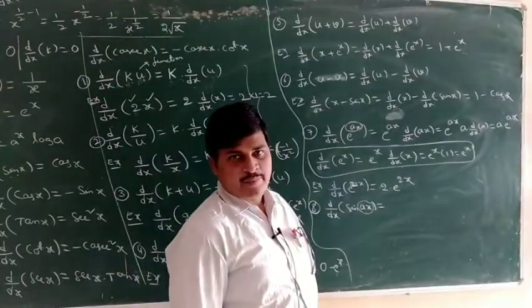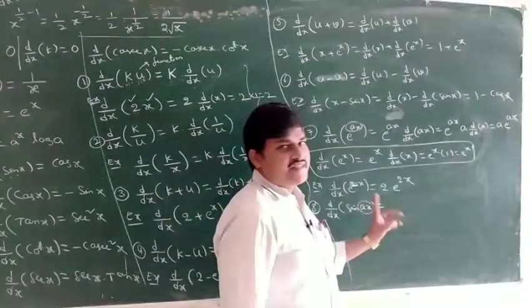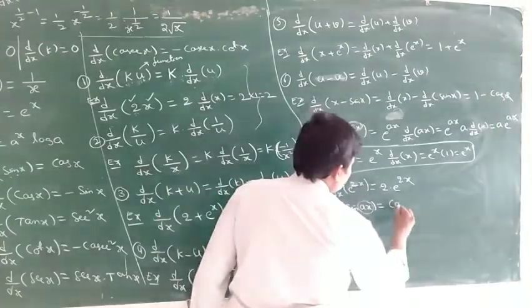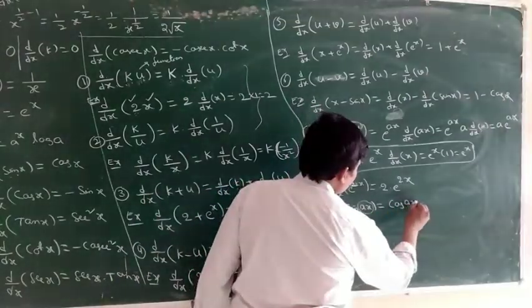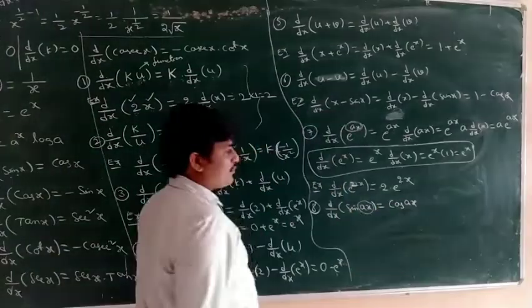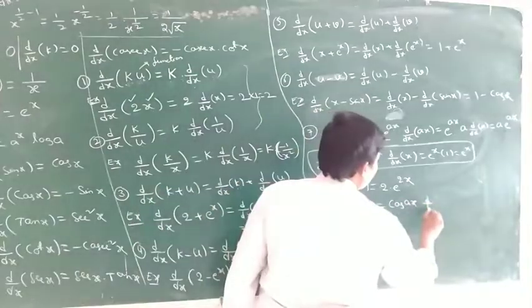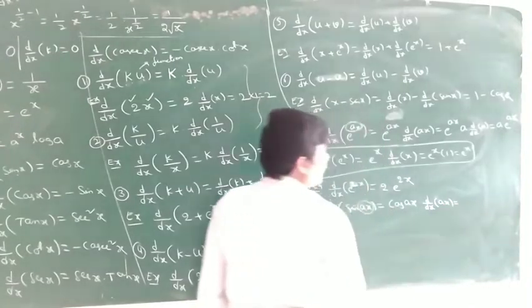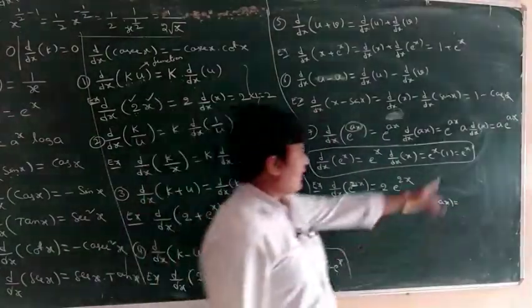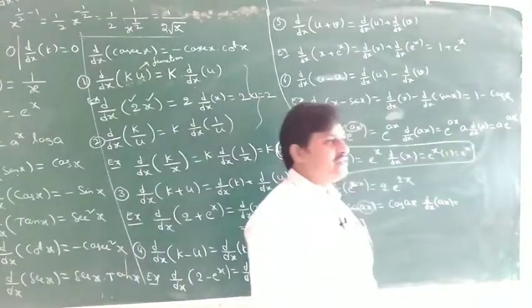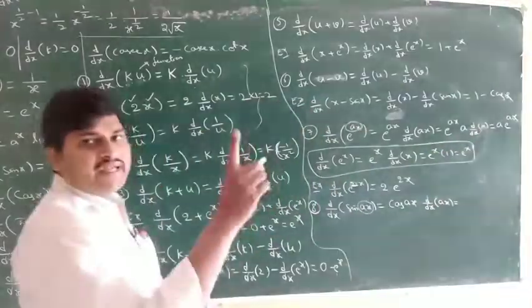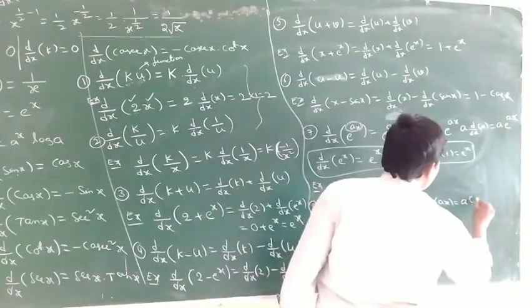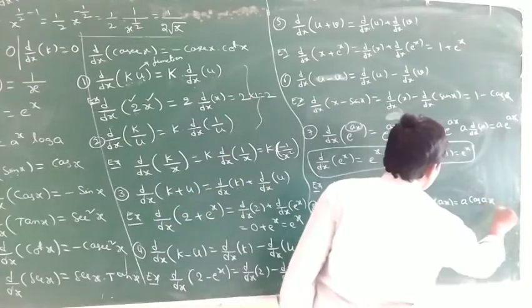The derivative of sin x is cos x, so here, with ax, it is cos ax into the derivative of ax. The derivative of ax is a. So that is equal to a into cos ax.